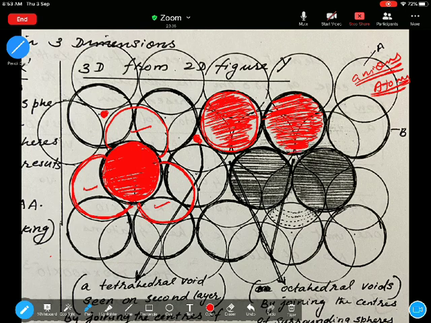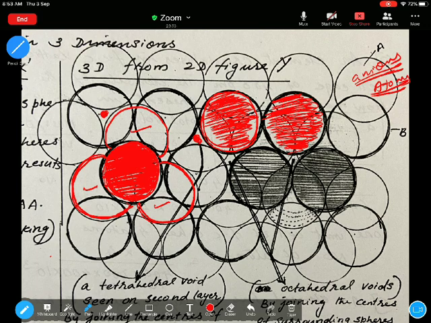So I have shaded some balls over there of the second layer. Between these 4 balls, the void created is called a tetrahedral void.